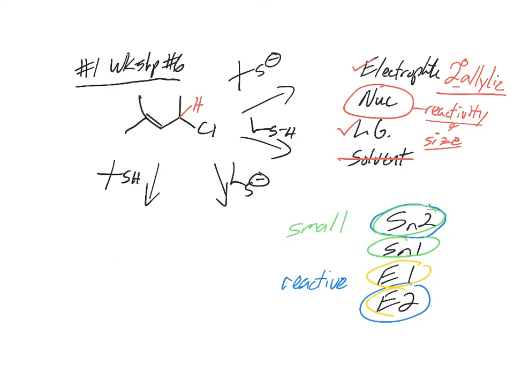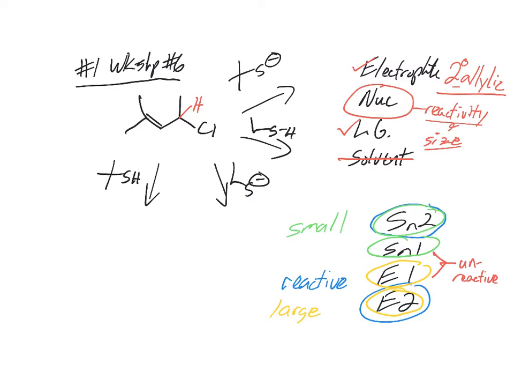E1 and E2. And of course, unreactive would be, why not throw another color in to make this as confusing as possible? That would be unreactive: Sn1 and E1. So not charged.